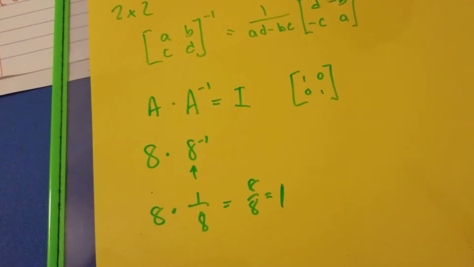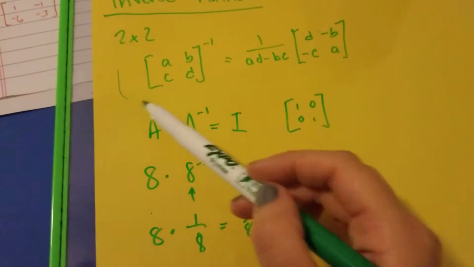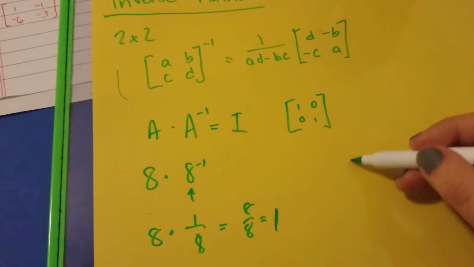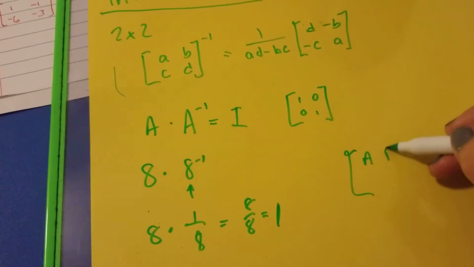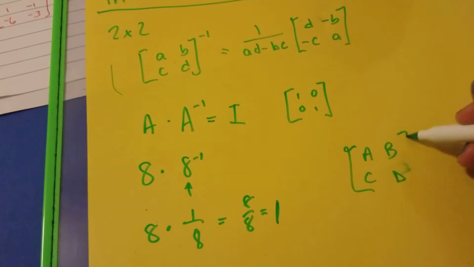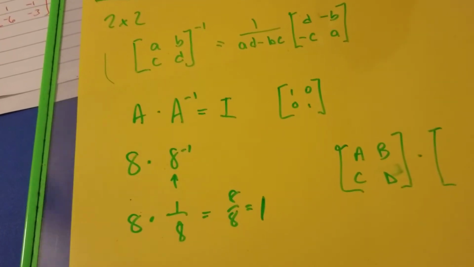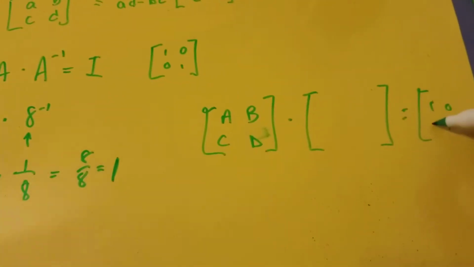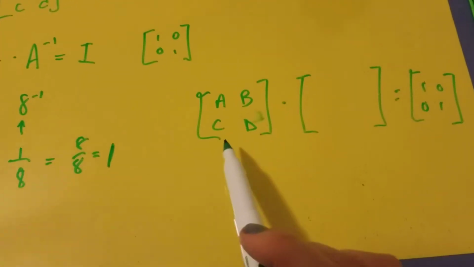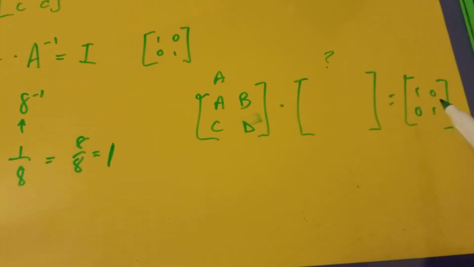So basically what you're finding with this formula is what, times the matrix, equals the identity matrix. The first matrix times what equals the identity.